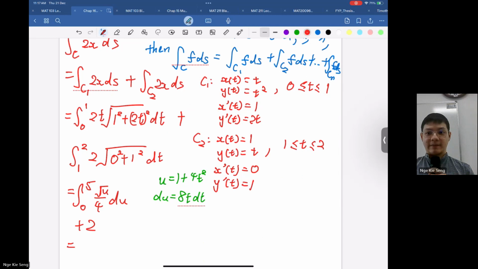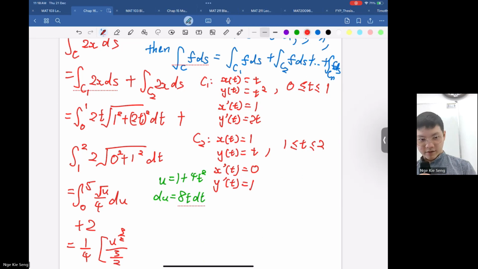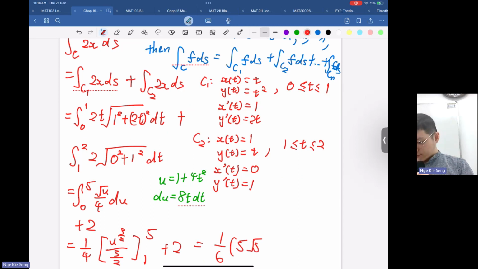So the first integral, what should you get? Let's just compute it. This one is u to the 3 over 2, over 3 over 2, evaluated from 1 to 5, and then this is 1 over 6 of 5 times square root of 5 minus 1.